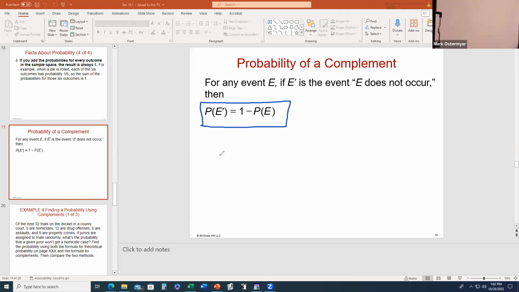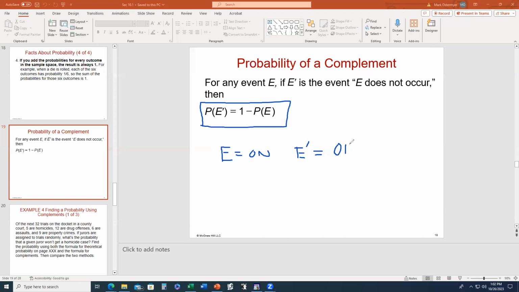Okay, let me give an example. Suppose I define event E to be that a light bulb is turned on. What would be the complementary event then? The complementary event to an event is the other side of the fence, so to speak. So to say a light bulb is not on is to say that it is what?